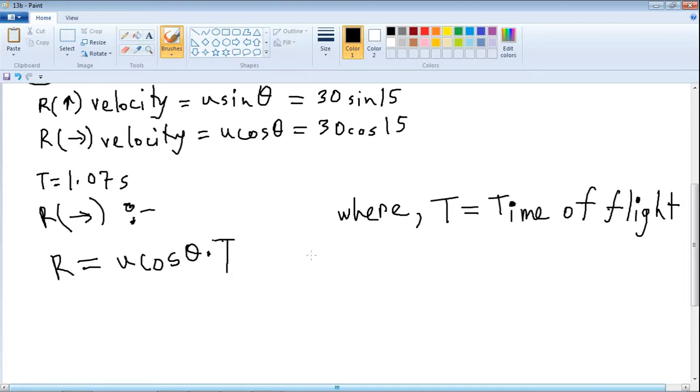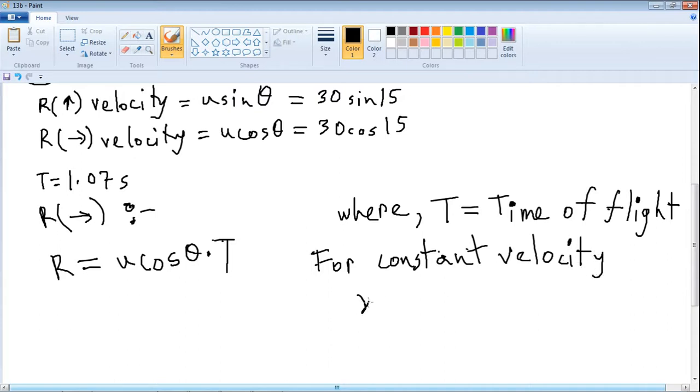For constant velocity, we are going to use this equation: v is equal to d by t.